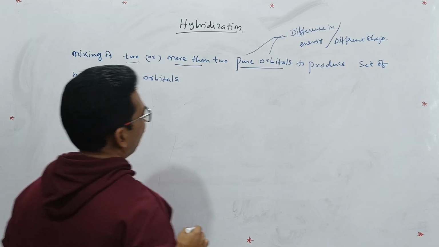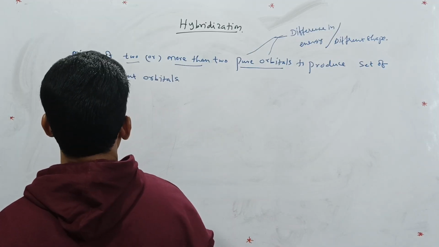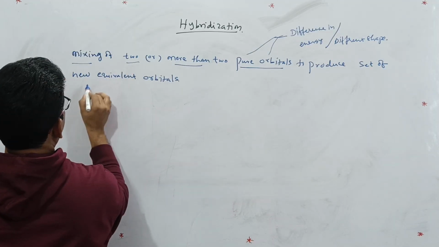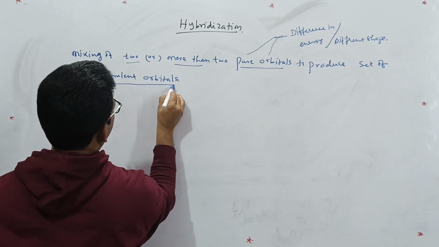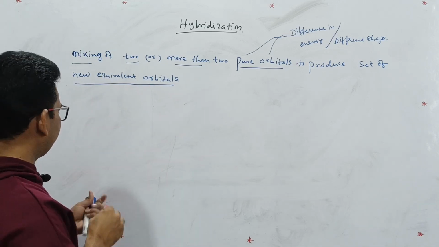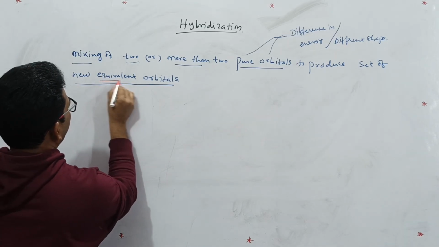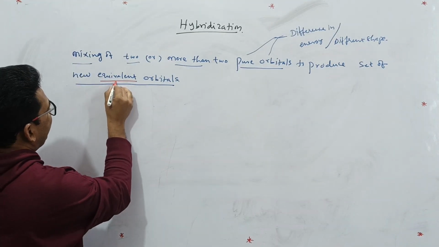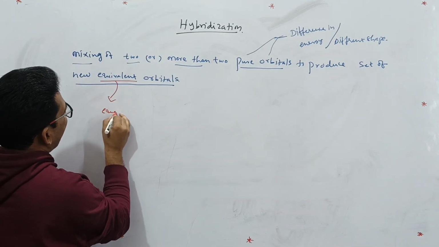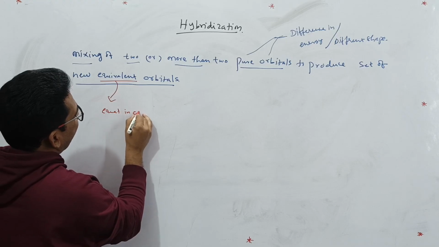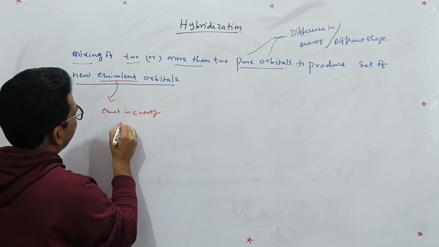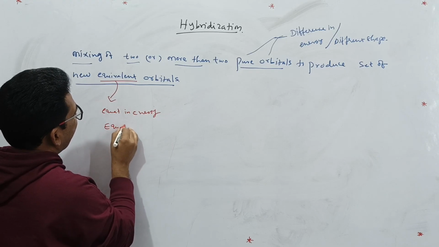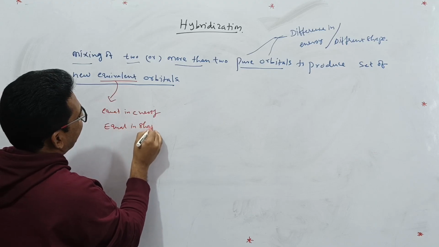But after mixing, they produce the new equivalent orbitals. Just remember this word: new equivalent orbitals. Equivalent orbitals means they are equal in energy as well as equal in shape.